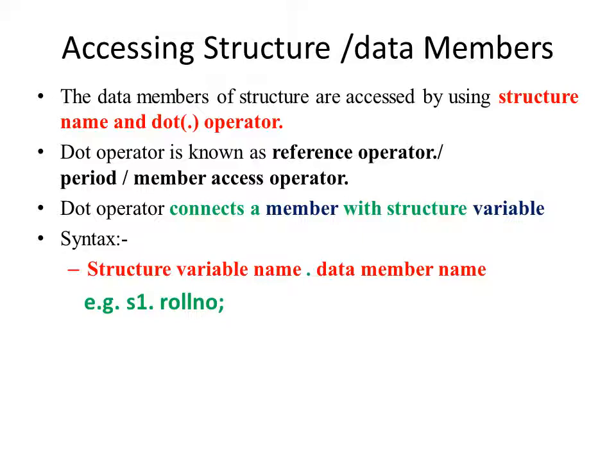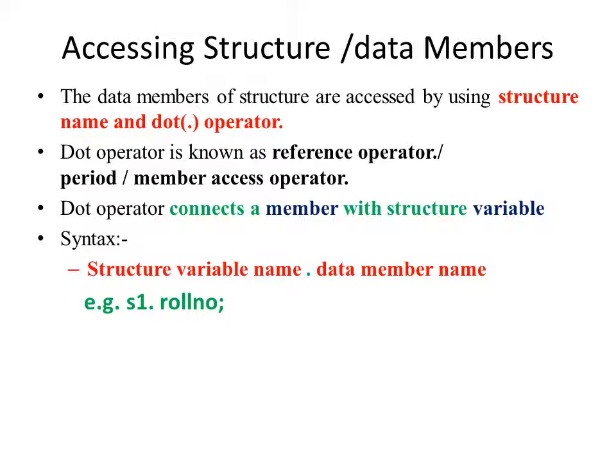There is one particular way to access all these data members: data members of the structure are accessed by using the structure name and the dot operator. This dot operator is also known as the reference operator or period, or it may be called the member access operator.